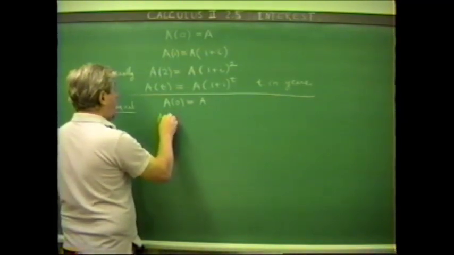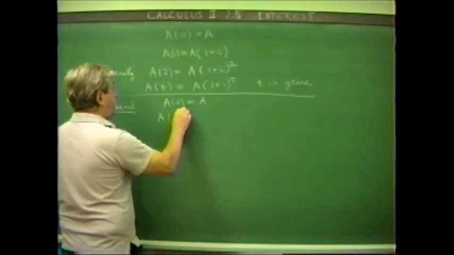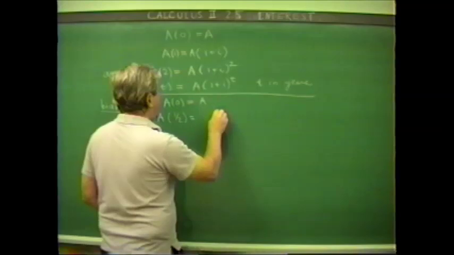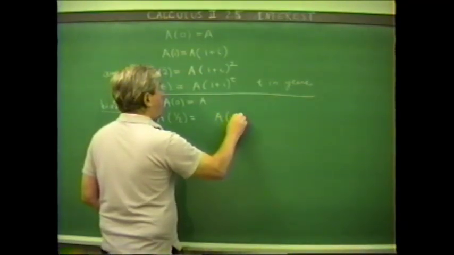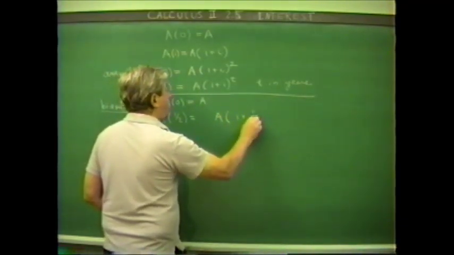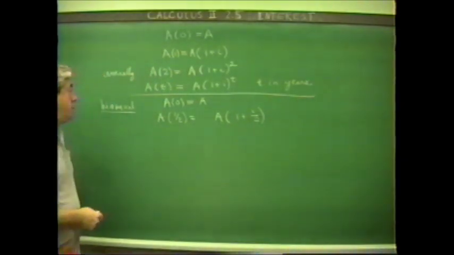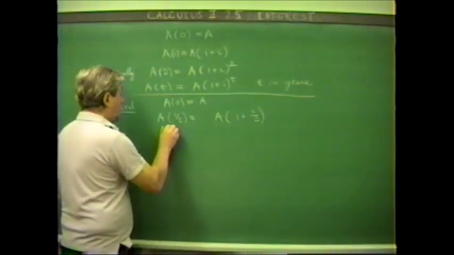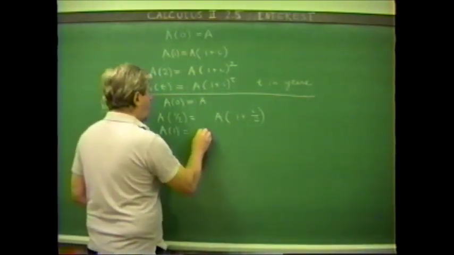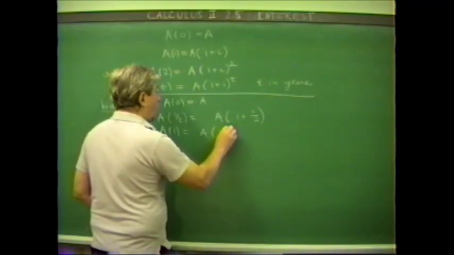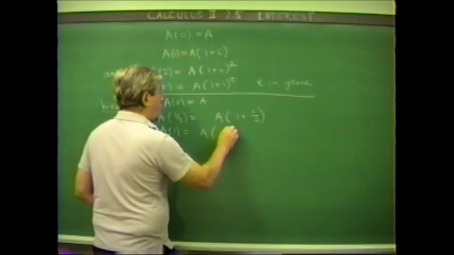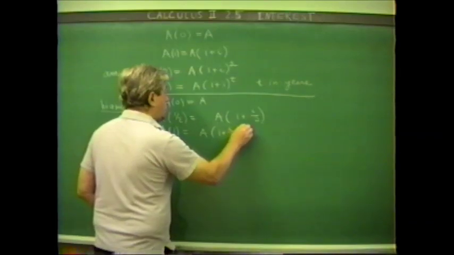and A of a half is going to be A times 1 plus, you take the interest rate and divide it by 2. A of 1 will be A times (1 plus i over 2) squared.